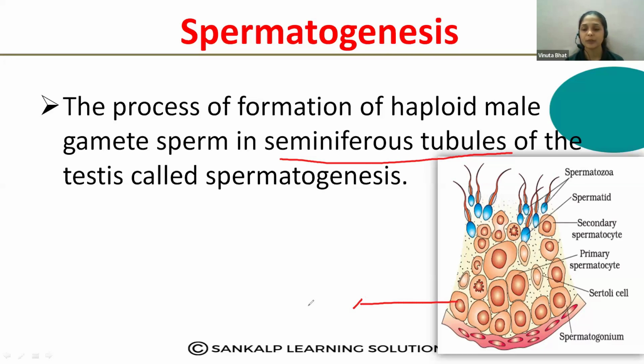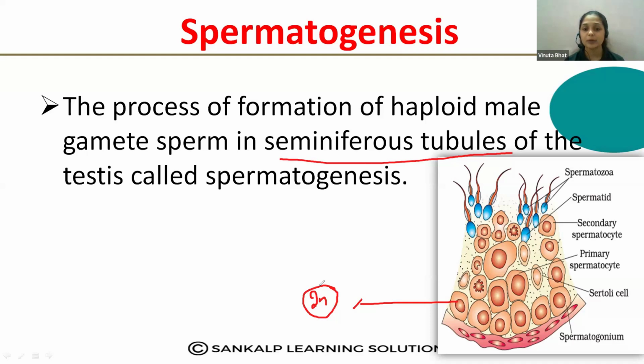The ploidy of the spermatogonium is diploid. These diploid spermatogonium cells undergo mitotic division to increase their number.